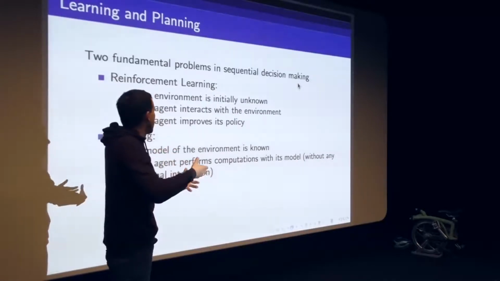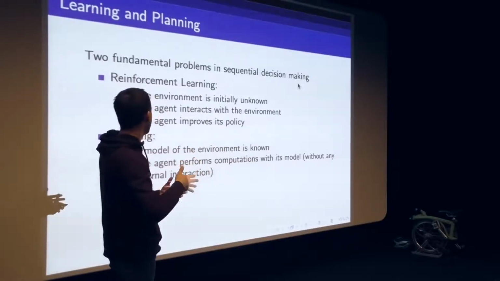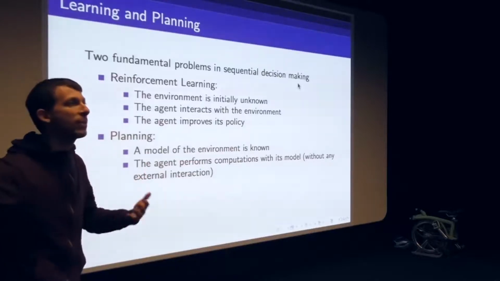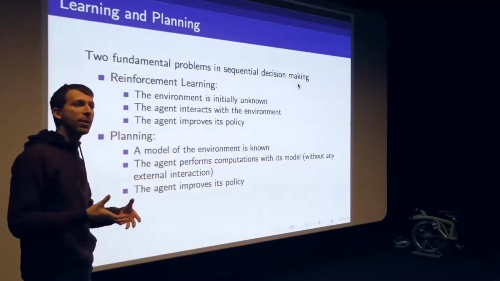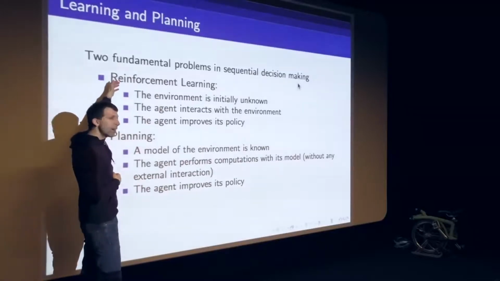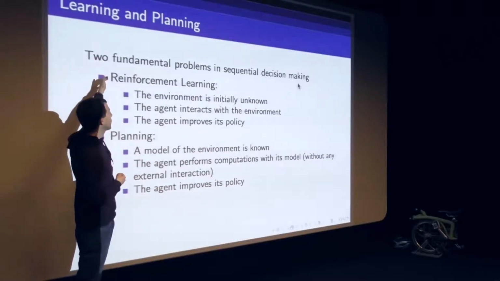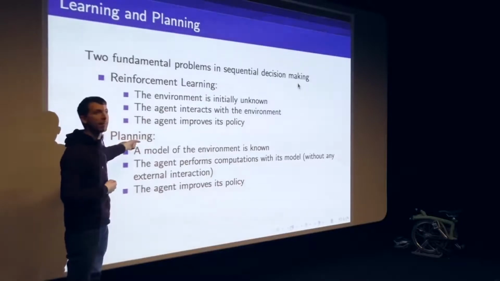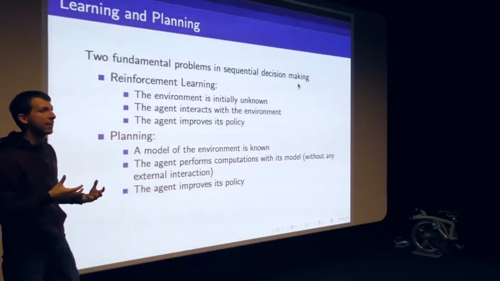It's given this perfect model, it's given computation time, and it interacts with its model. It doesn't actually have to do anything in the real world. It just thinks for a while and figures out what to do next. Maybe it's doing look-ahead planning. And as a result of those interactions, it improves its policy and comes up with a way to behave. But they're very different setups. In RL, the environment is unknown. In planning, the environment is known. Now, of course, one way to do reinforcement learning is to first learn how the environment works and then do planning. So these two things are intimately linked together, but they're separate problem setups.